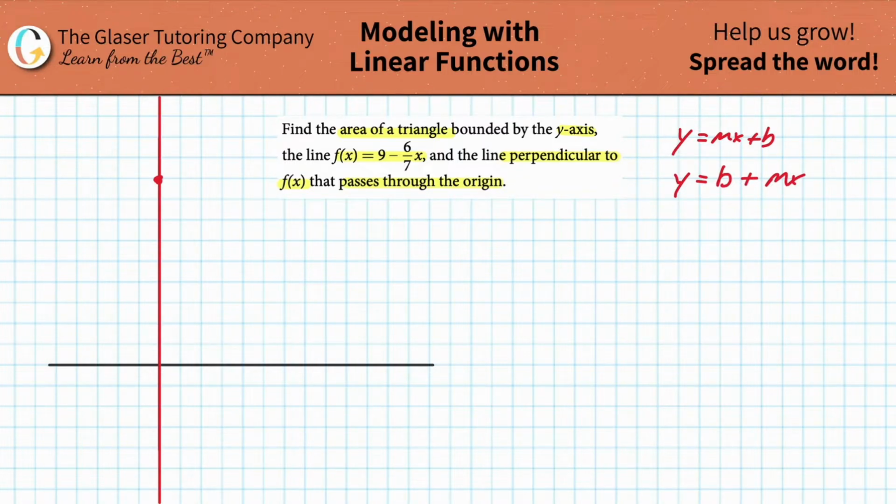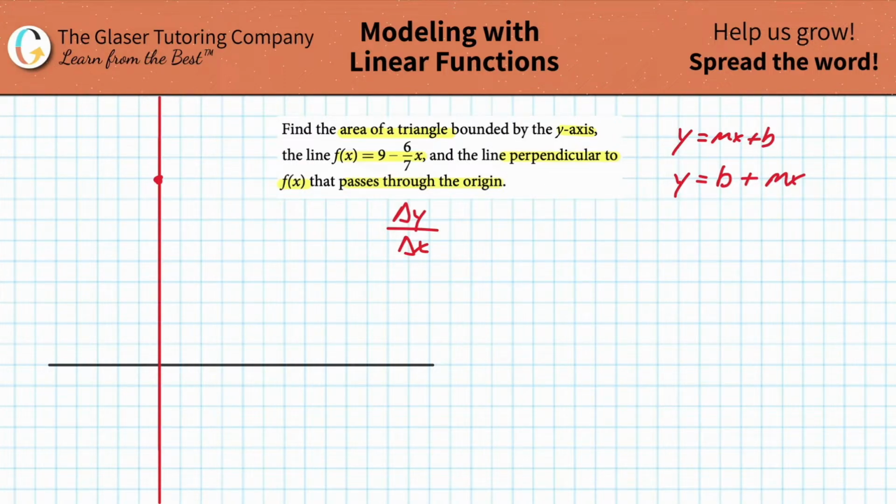Good. Now we have to take into account the slope. Remember, slope, or the m value, is always the change in y over the change in x. So this top value is the y and this is the x. The negative sign is telling you to go downwards, or to the left, depending upon how you do it, but don't do both at the same time.